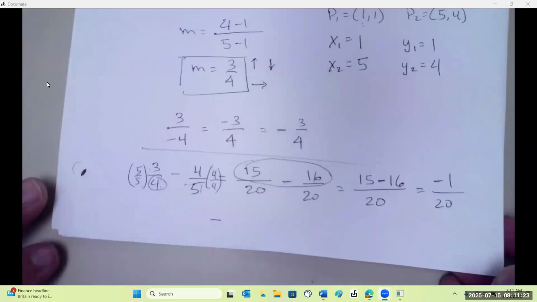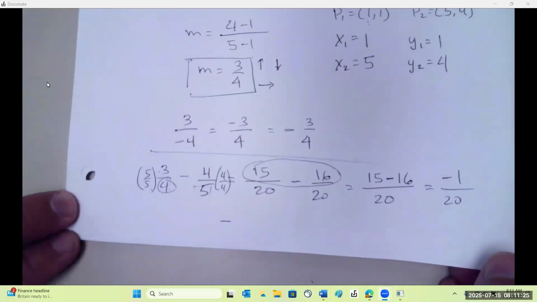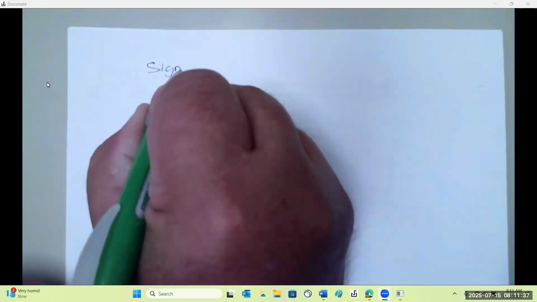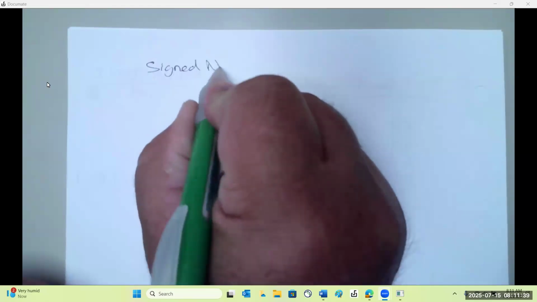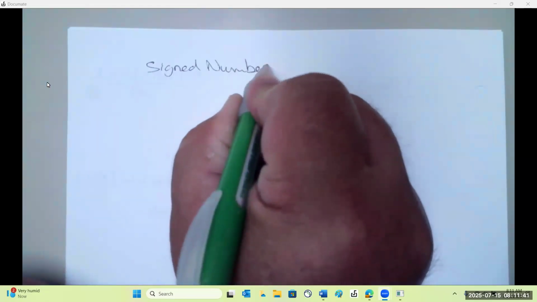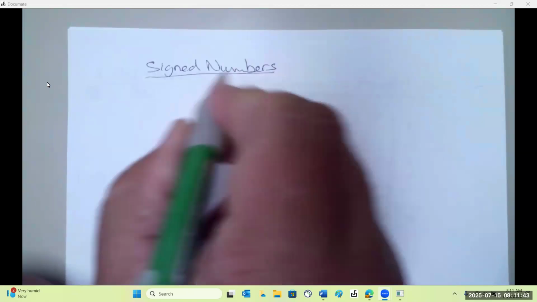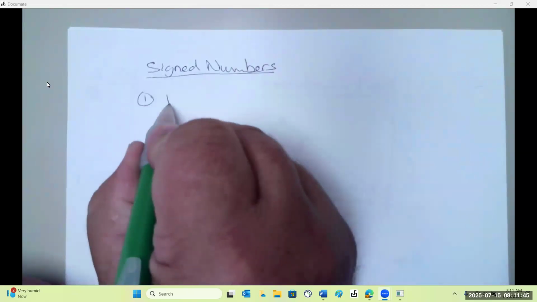All right, so I'll write down the steps there on adding and subtracting signed numbers. Signed numbers. 1.